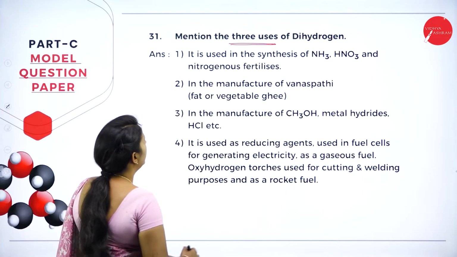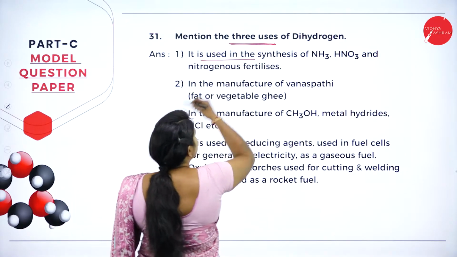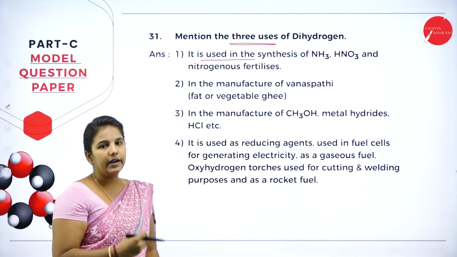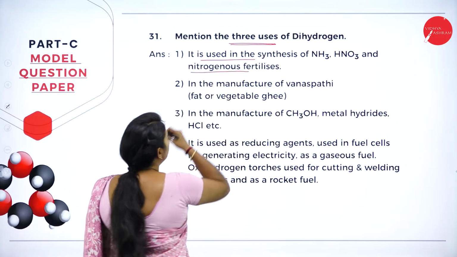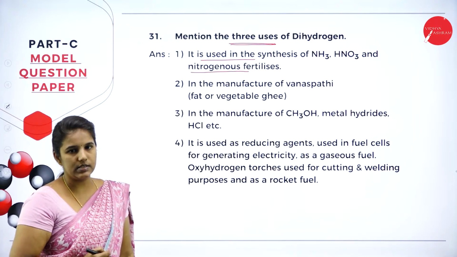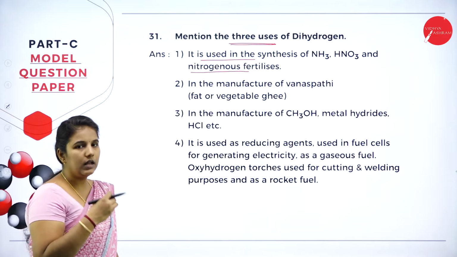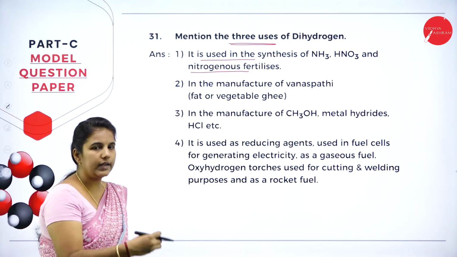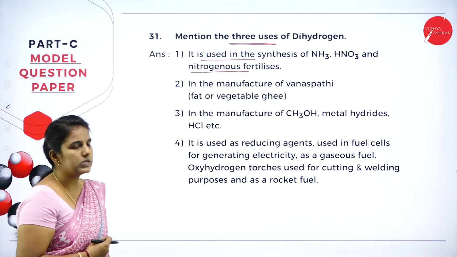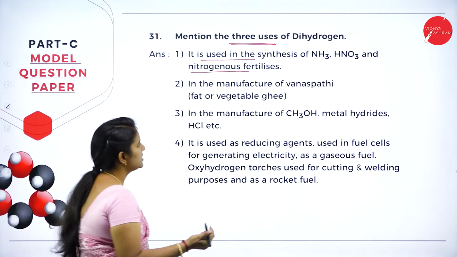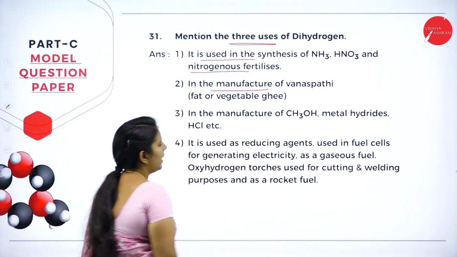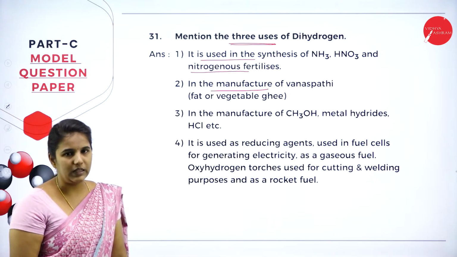We all know that it is used in the synthesis of ammonia, in nitric acid, and also in nitrogenous fertilizers. And not only there, it is also used in the manufacturing of vanaspati.